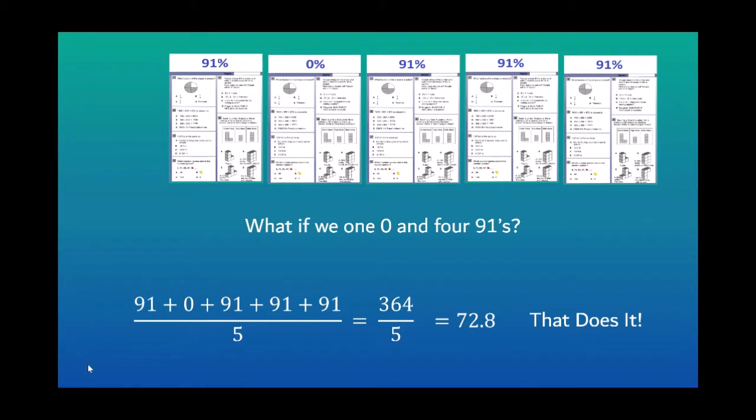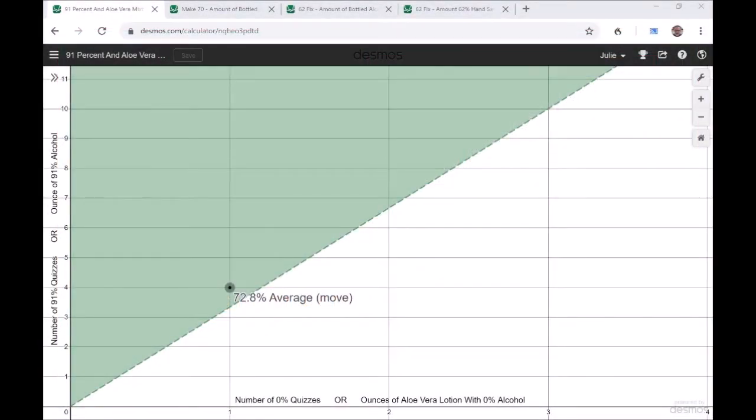So I want to show you. Let me get over to that right there. So here we are. And I'll explain what is going on here, but this is a setup showing the situation where we have 1 0 on a quiz and 4 91s on a quiz, and this tool shows us what our average is going to be.